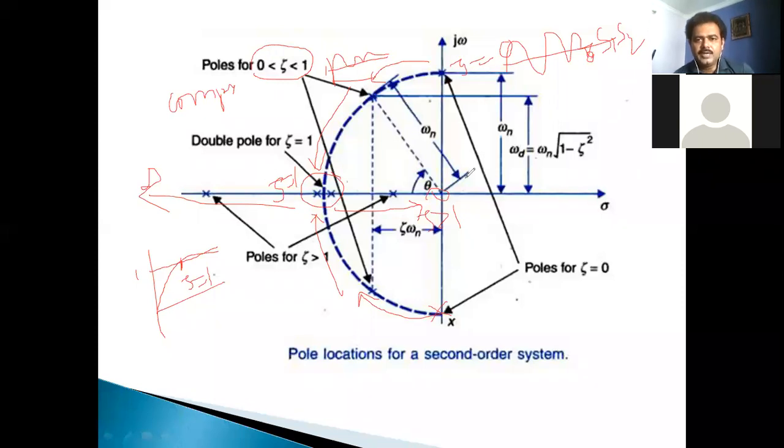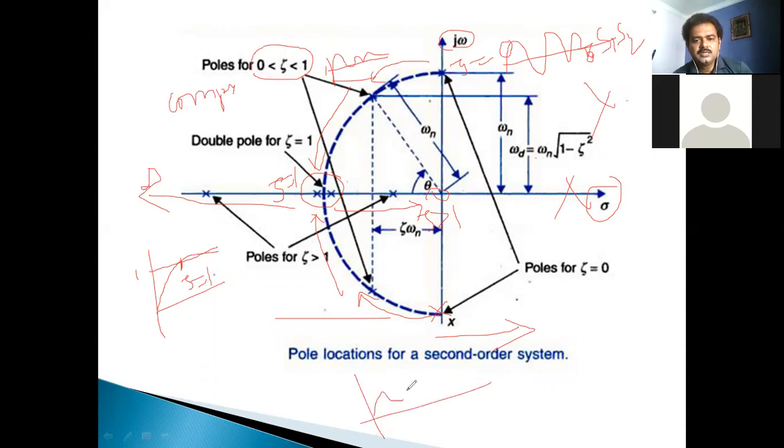For example, this is called the S-plane, with real axis and imaginary axis. If the roots lie on the right half of the S-plane, as t goes on increasing the system becomes uncontrolled, so it is not a stable system.